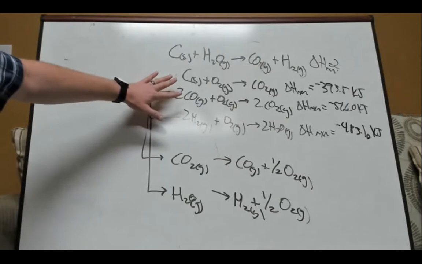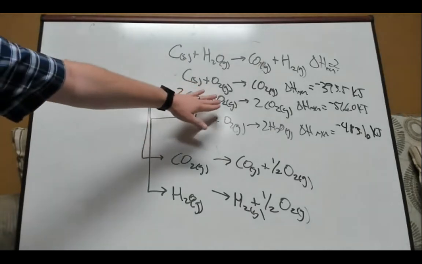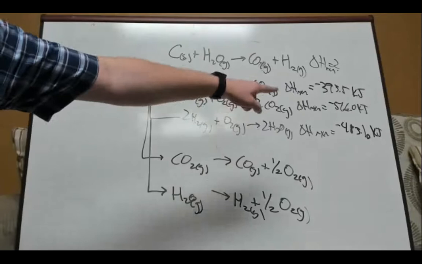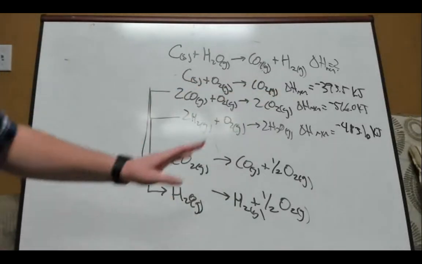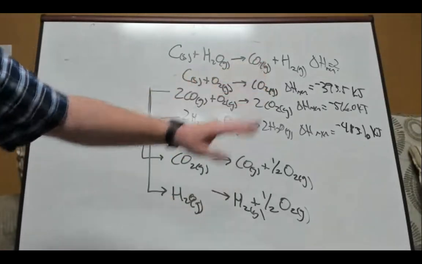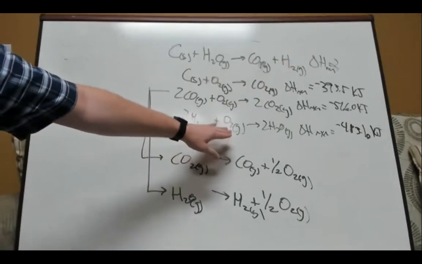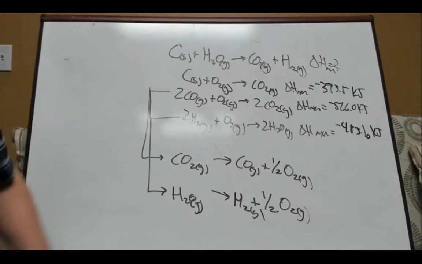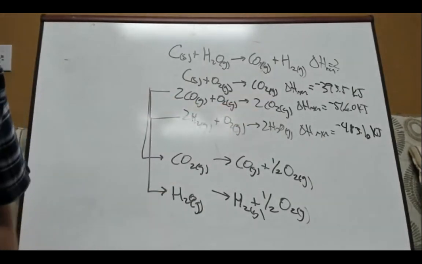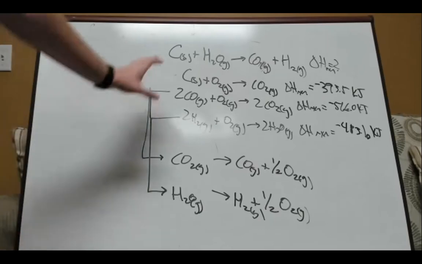We know that 2 carbon monoxide plus oxygen gives us 2 CO2. The delta H is negative 566 kilojoules. And then we know we have 2 H2 plus O2 gives us 2 water vapors. The delta H of the reaction on that one is negative 483.6 kilojoules.